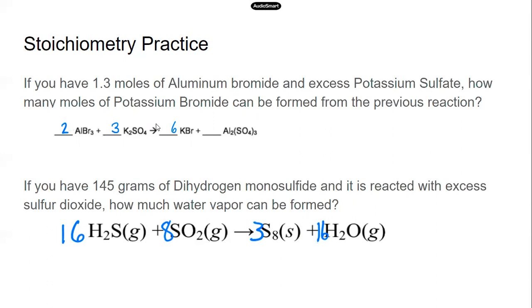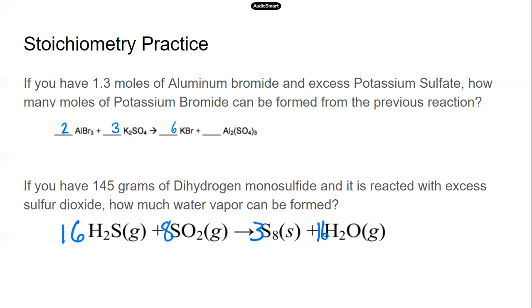So we have 1.3 moles of aluminum bromide and excess potassium sulfate. So what we need to do in this is we just need to use our 1.3 moles of aluminum bromide, and we're going to use our molar ratio going from 2 to 6.